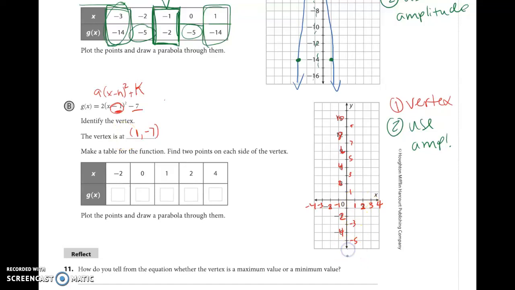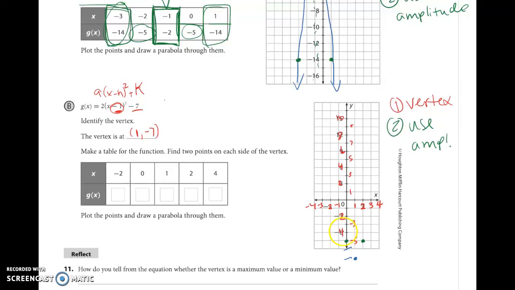So I need, there we go. Maybe that's why they were counting by threes. So here is negative 6, negative 7. So there's 1, negative 7. And my amplitude is up 2 and over 1, up 2 and over 1.